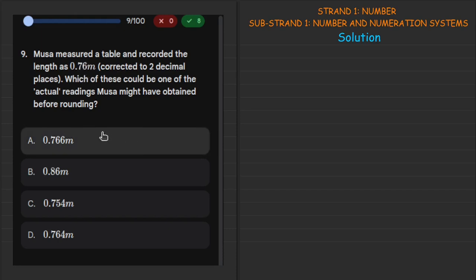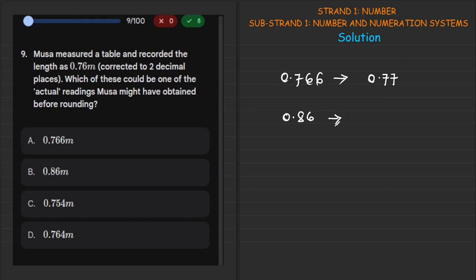That is what the question is about. So if you look at the very first one, it says what? A, 0.766. Now, if you want to round 0.766 to 2 decimal places, it is actually going to be 0.77. So that is certainly not the answer, because you'll be rounding up.